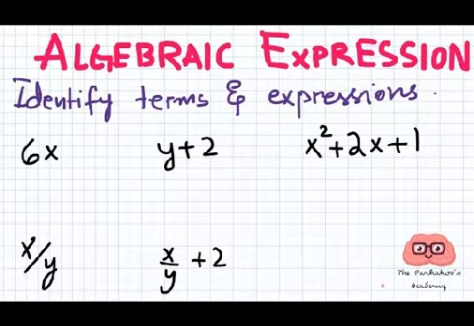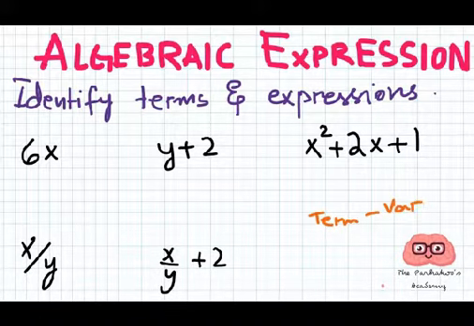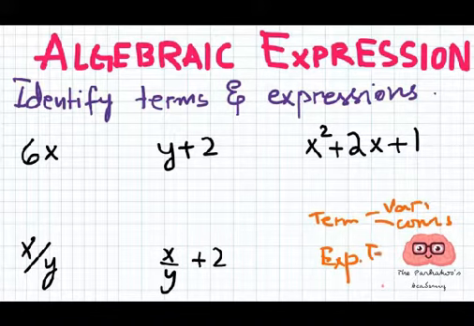This is a practice session of identifying terms and expressions. So you know that a term is the combination of variables and constants, whereas an expression is the combination of terms separated by different kinds of operators. Here we have to identify which of these are terms and which are expressions. So let's start off.